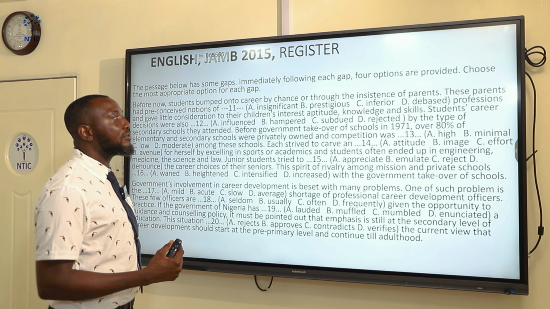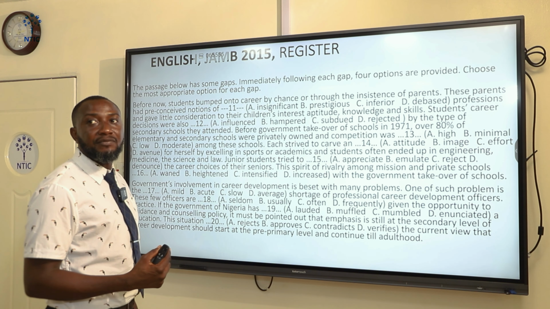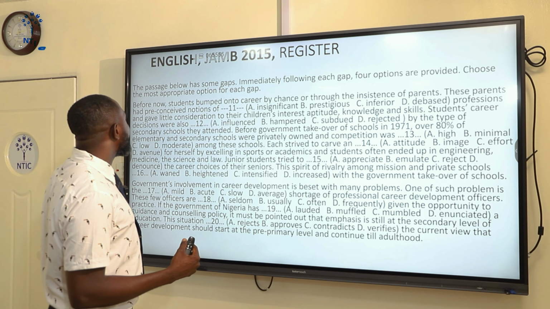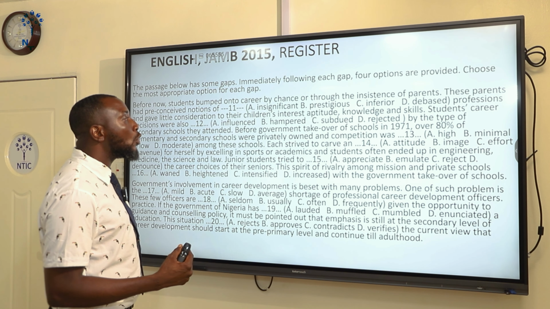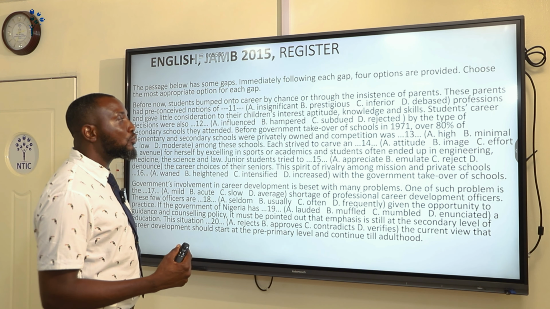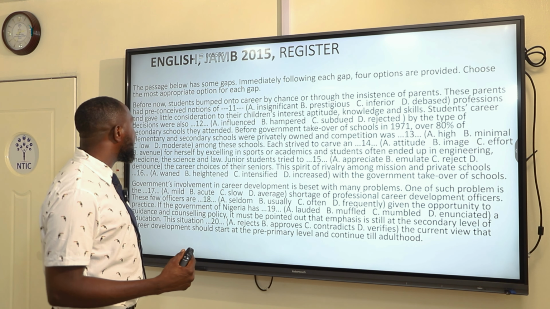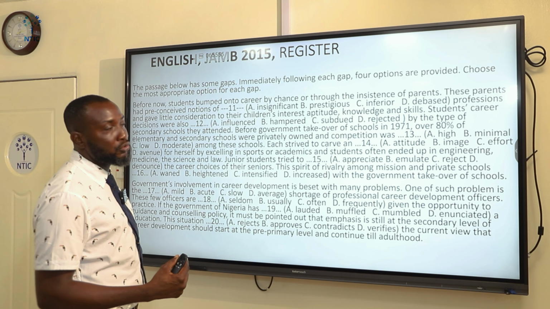Before government takeover of schools in 1971, over 80% of elementary and secondary schools were privately owned and competition was high, minimal, low, moderate among these schools.